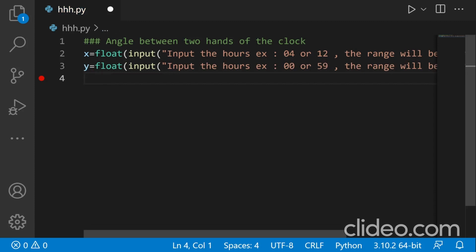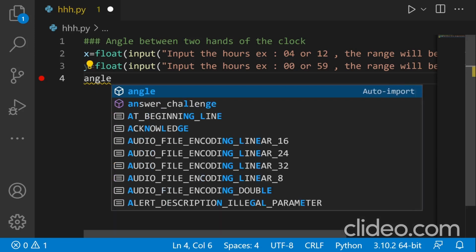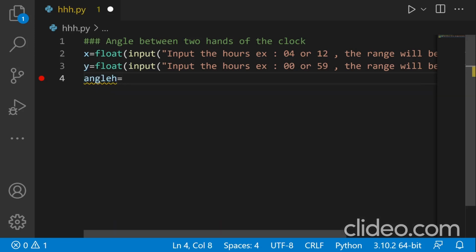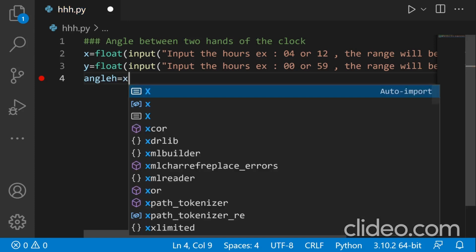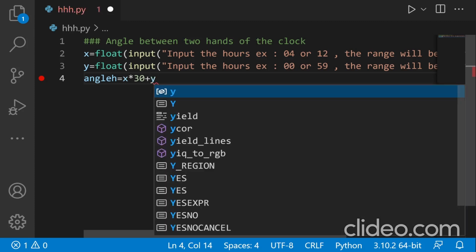Now we need to find the angle covered by the hour hand till now. As I told in the theory, it will be x into 30, the number of hours it has completed, plus the portion it has covered because of the movement of the minute hand after the xth hour. I hope you're getting my point.